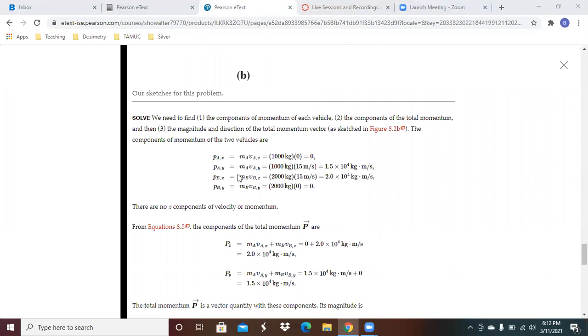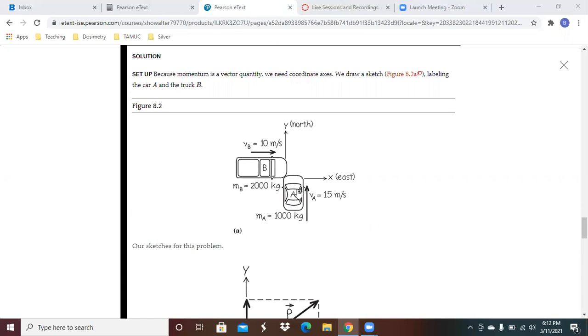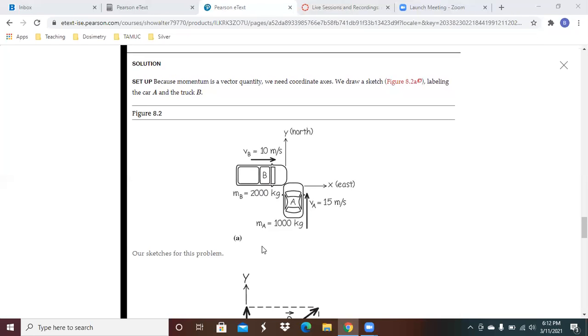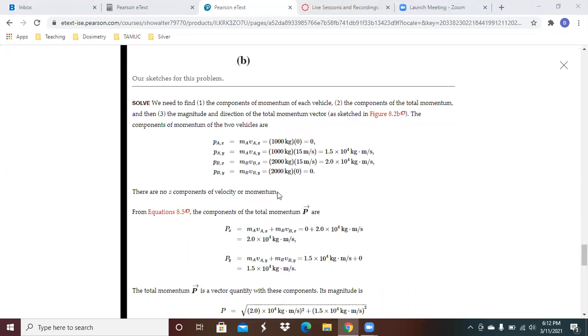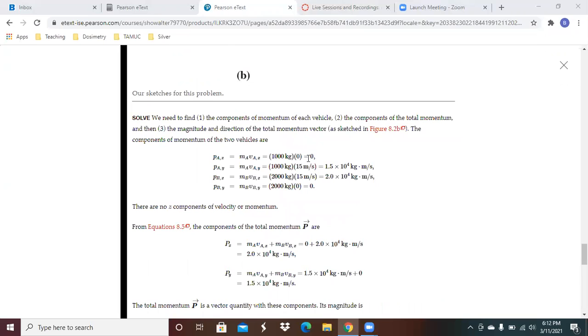So to find it, you're going to find the momentum for A, which is this one, in the x direction. Well, there's no velocity in the x direction, so that's 0. If we look in the y direction, we know what its mass is, and we know what its velocity is. So we multiply all of that out, and this is what we get.